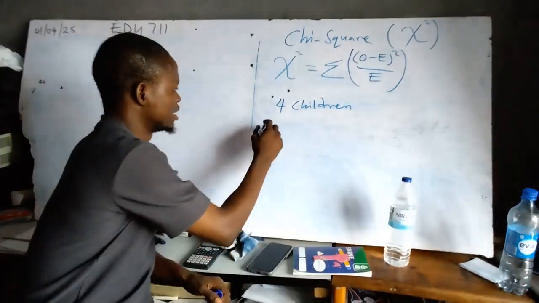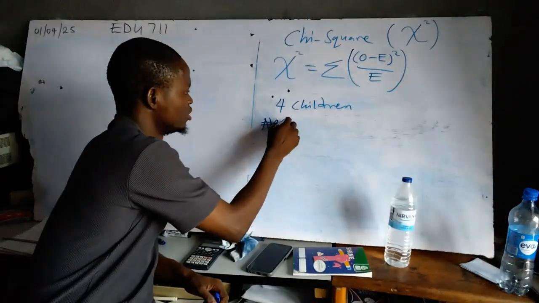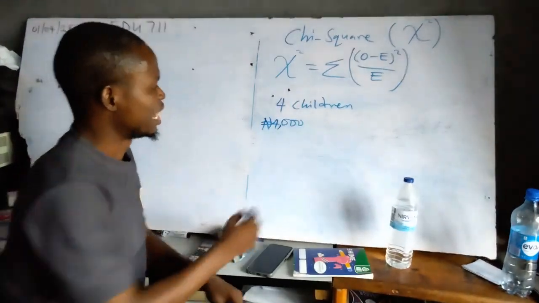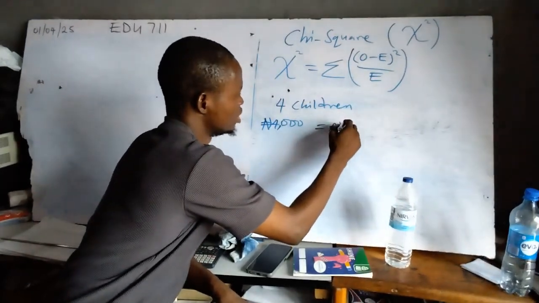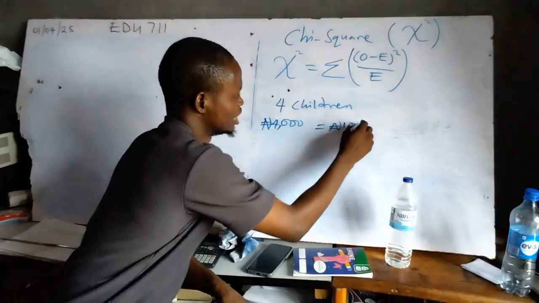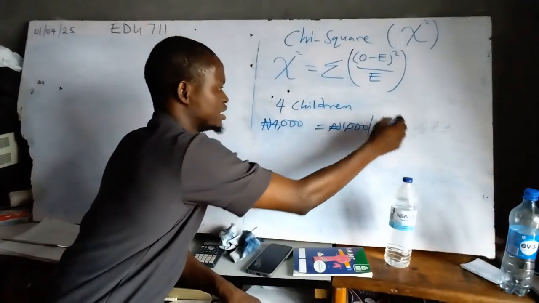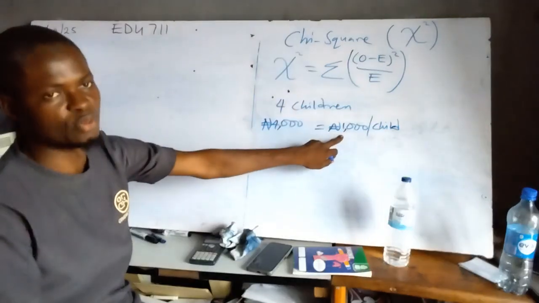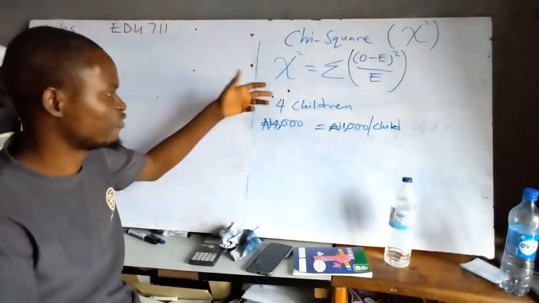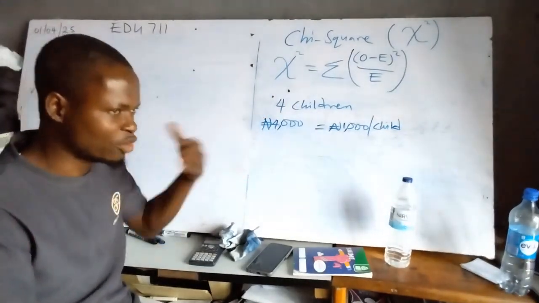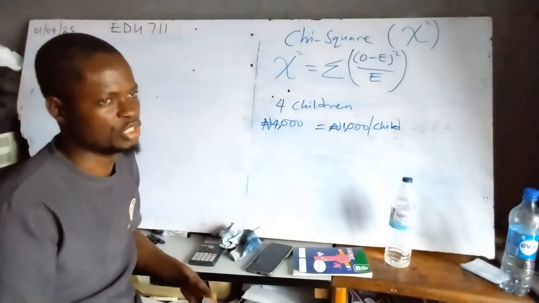He dips his hand into his wallet and gives your children 4,000 naira, expecting them to share it as 1,000 naira per child. So that is the expected frequency. What the person expects is that there are 4 children, so if I give them 4,000 naira, they will share it at 1,000 naira for each of them.